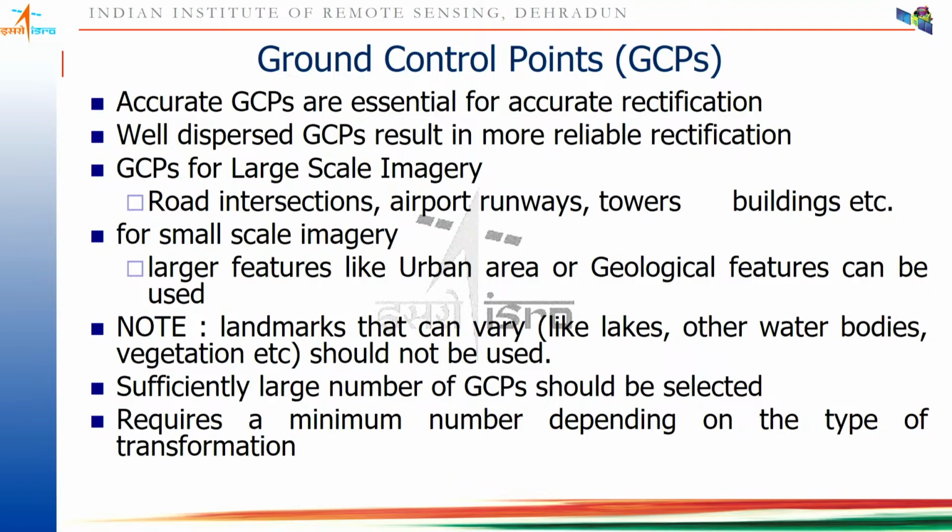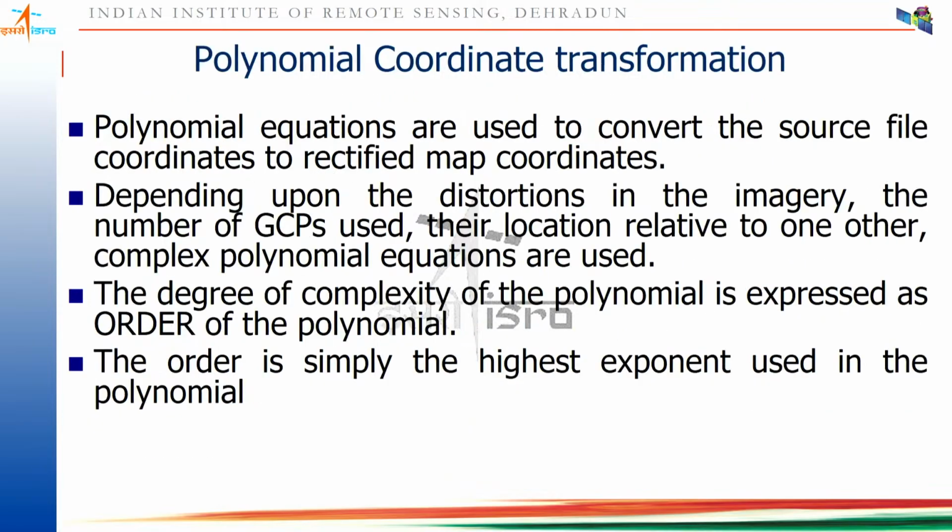When handling such images, we should take care not to take landmarks which can vary, like lakes and water bodies. We should not use those as ground control points. And we require a minimum number of ground control points depending upon the type of mathematical equation that we will be using.